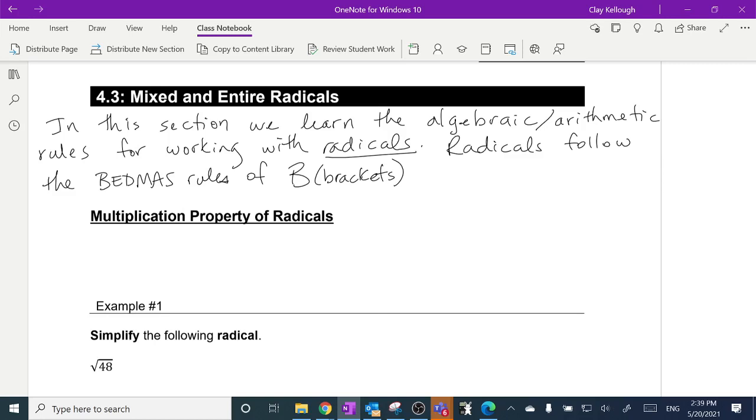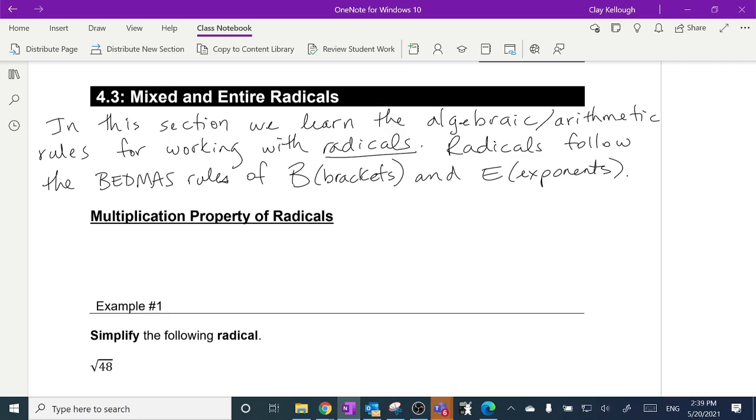Okay, I'll get back to that one in a second. Radicals follow the BEDMAS rule for B for brackets and E for exponents. Radicals are both brackets and exponents at the same time. That's going to be a weird idea to get through your head, but we're going to prove it to you in a minute.